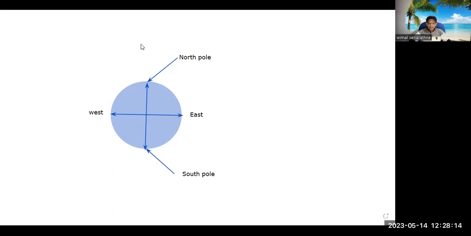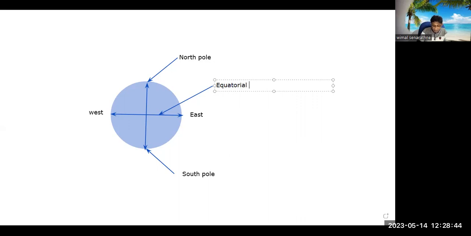Let's see the length, right? Now this is the equatorial diameter. Equatorial diameter, right?